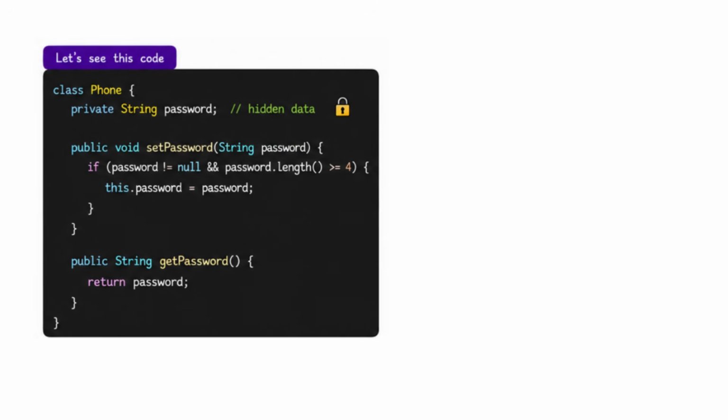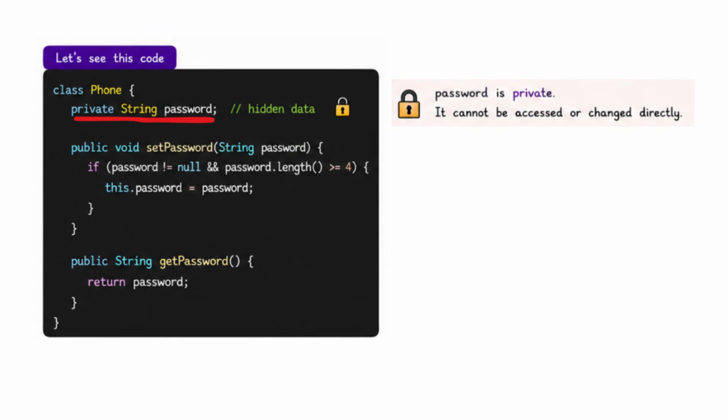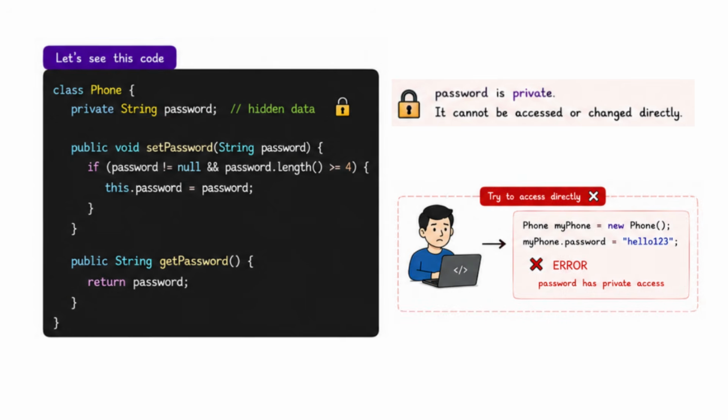Let's see this code. In this code, we have declared this password field as private so that no one can access this field and set some random value directly. If someone creates an object and tries to set the field value directly, it would give an error because it's private.